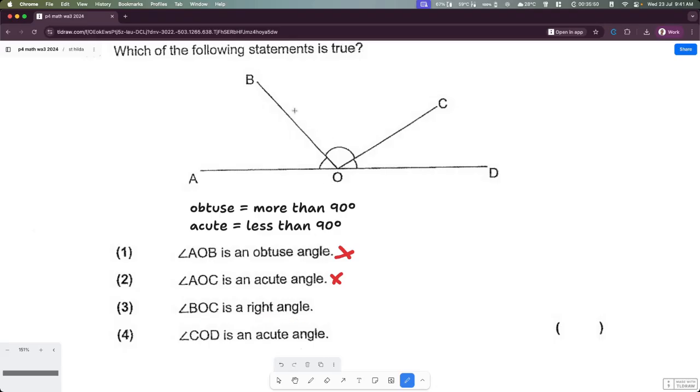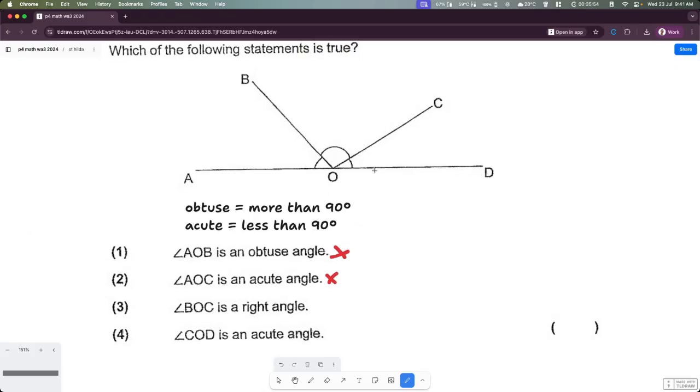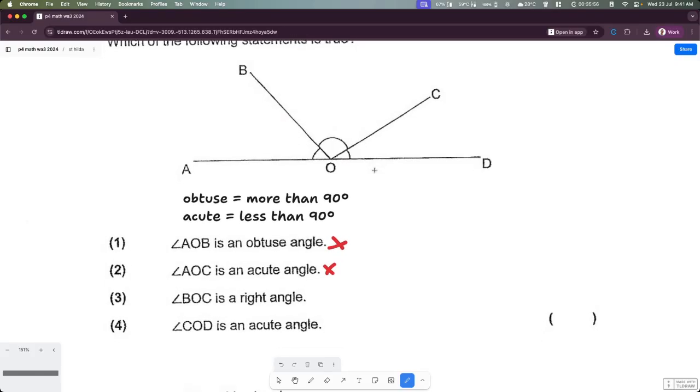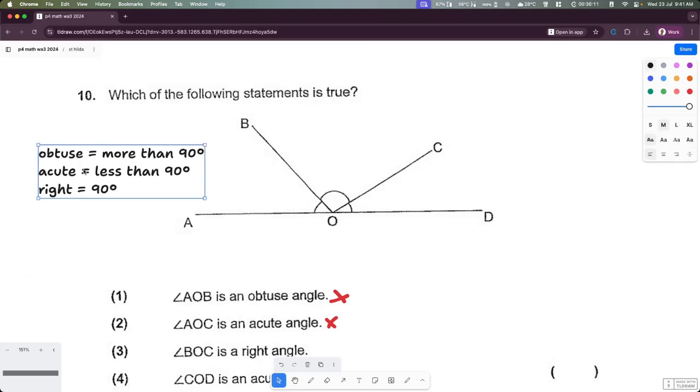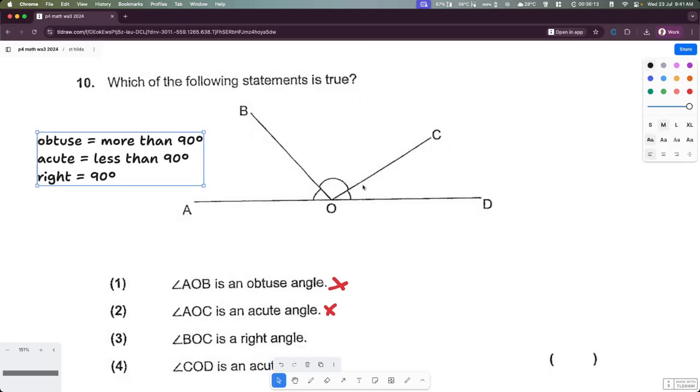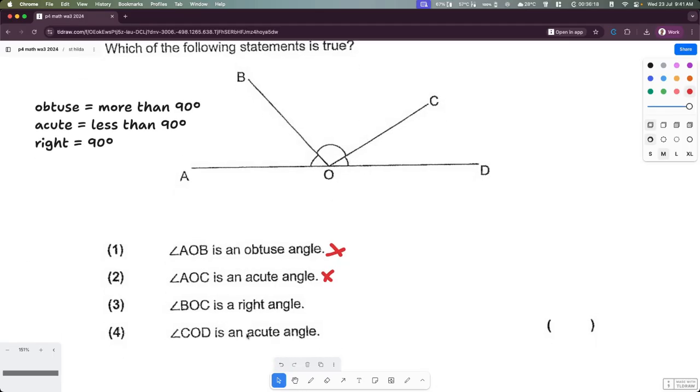BOC is a right angle. So how do you measure a right angle? A right angle is equal to 90 degrees. There's no statement that says this is not drawn to scale, so we actually can use something to measure our right angle.